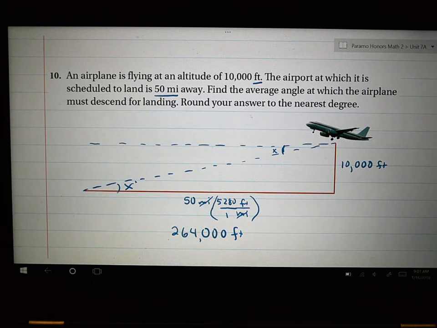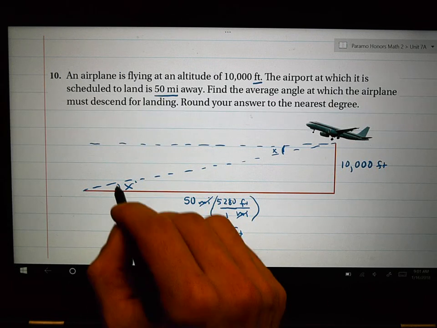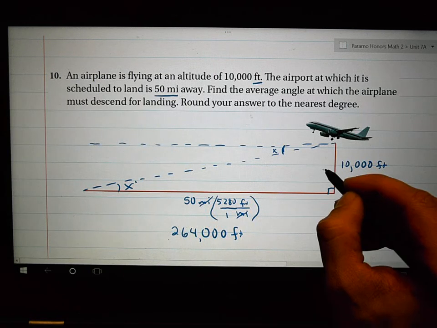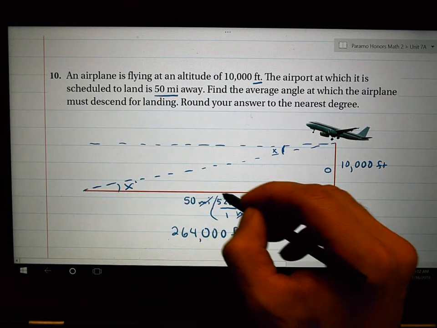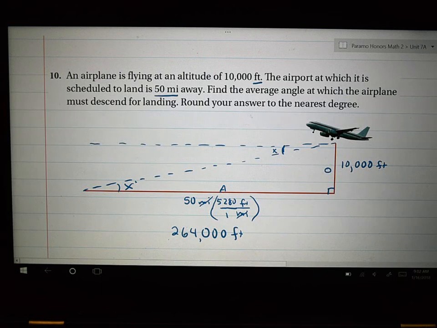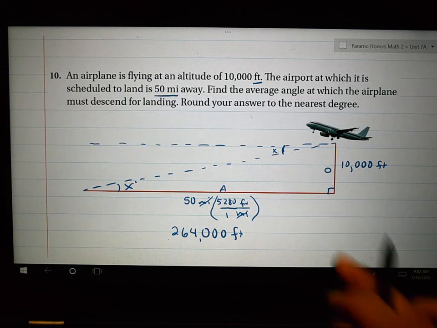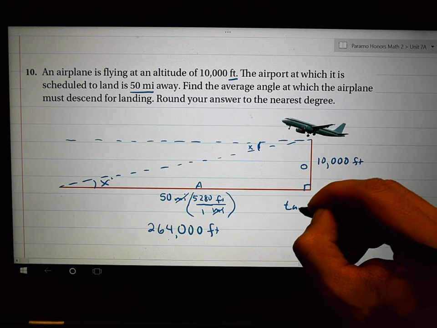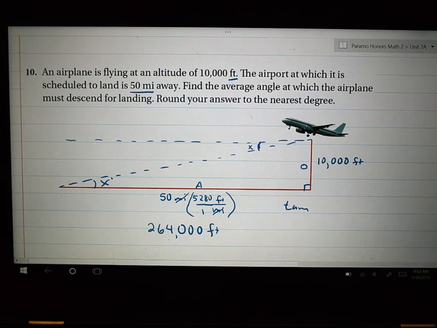In this particular case, if this is my highlighted angle, then I have an opposite and I have an adjacent. Do you know which trig function you're going to use? I hope you're going to use tangent of what angle? We don't know.